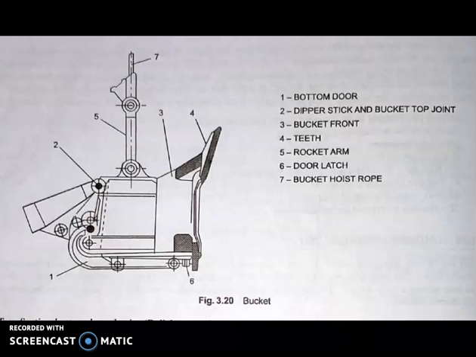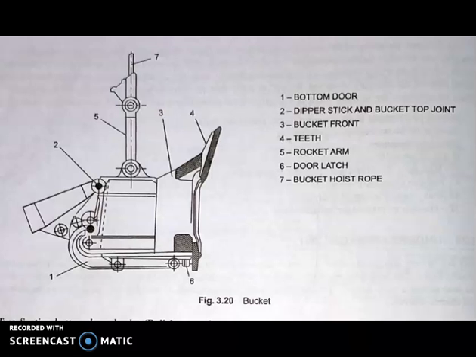This bucket is used in both diesel and electric shovels. The material of the front part, rocker arm and high mills is mild steel, and the rear end door is alloy steel.